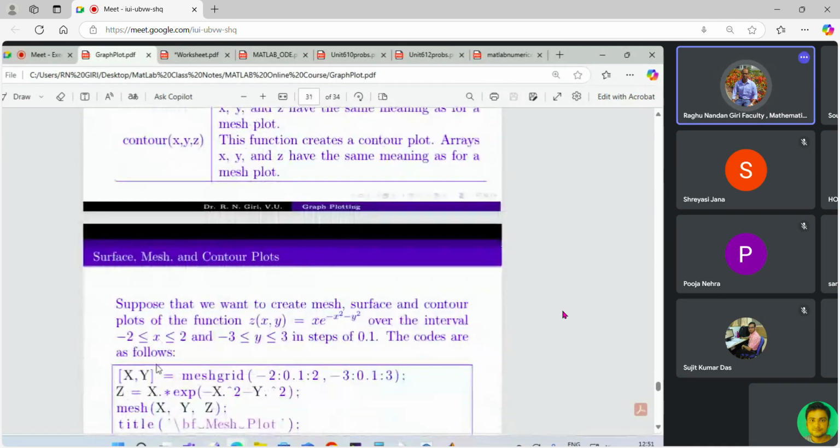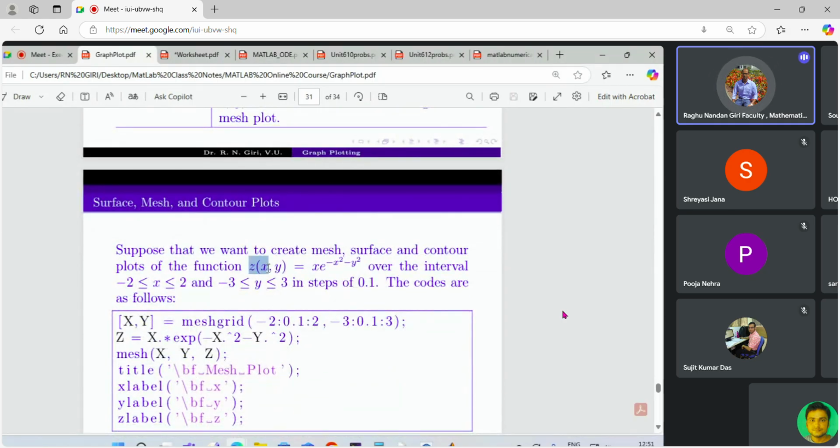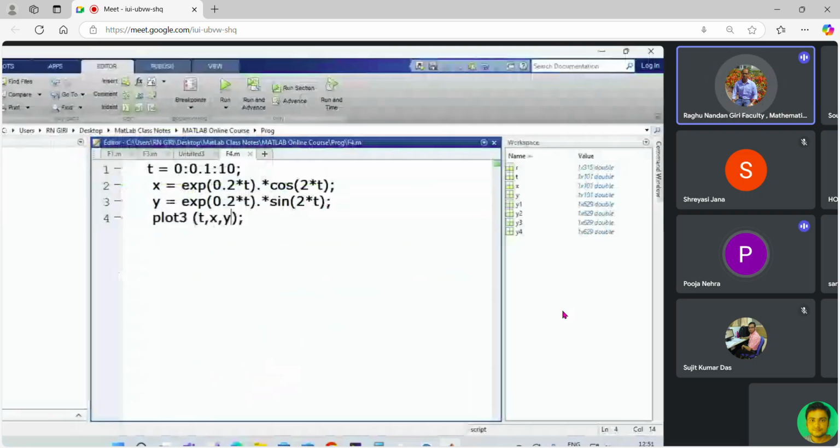Then we apply mesh, surface and contour. See, for this graph, suppose z(x, y) equal to x times e to the power minus x square minus y square. The limit of x is minus 2 to 2 and y is minus 3 to 3. So how do we graph the surface, mesh or contour?